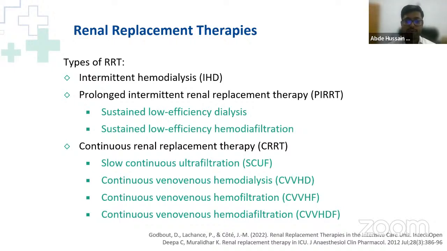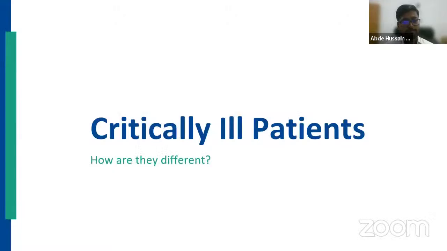There are different types of CRRT, like continuous veno-venous hemodialysis, which uses a different mechanism as compared to hemofiltration. In hemofiltration, we have convection force, whereas in hemodialysis, we use the osmosis procedure. Then the combination of both CVVHD and CVVHF is continuous veno-venous hemodiafiltration.